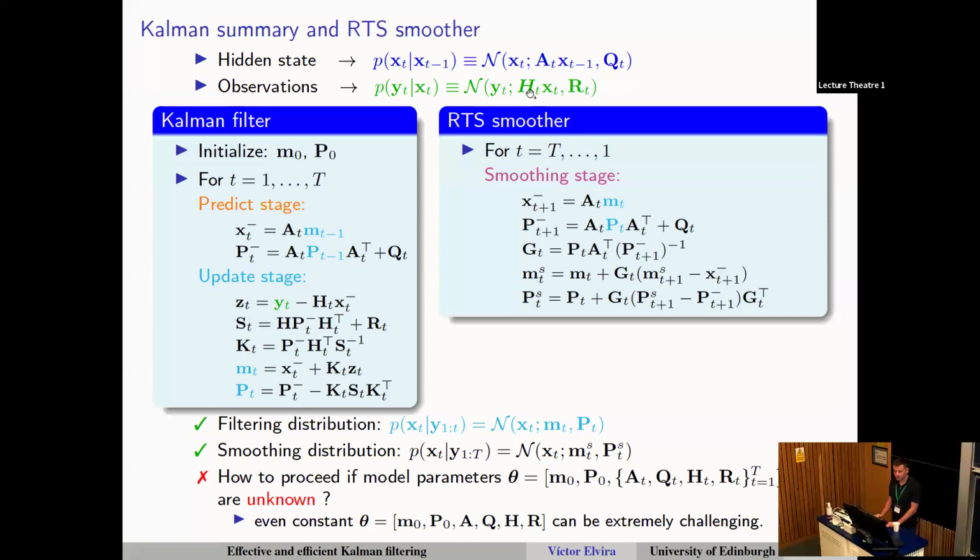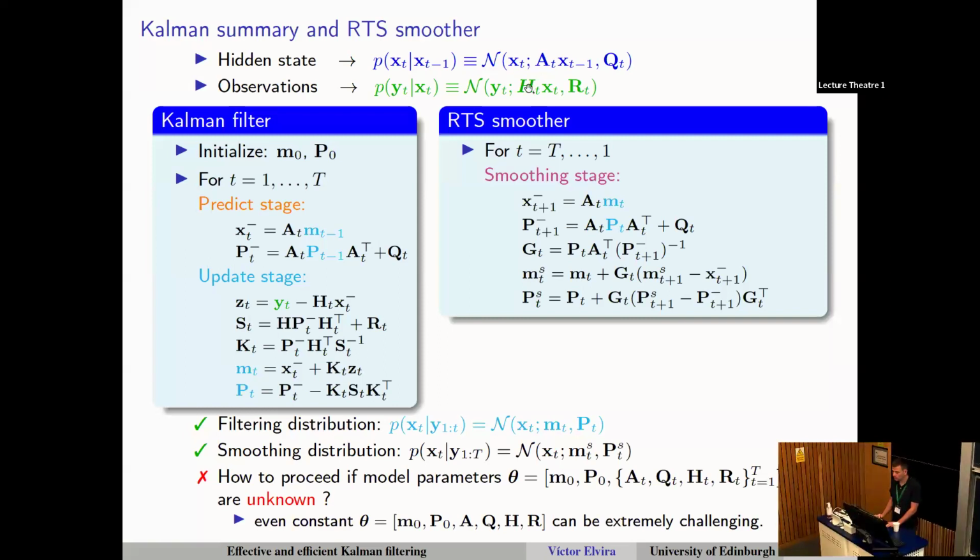For example, I will comment more later, but depending on how you do the modeling and what the latent state means, sometimes H is going to be straightforward. Many times it's a matrix with ones and zeros. For example, in the example yesterday, if the latent state is a two-dimensional position and two-dimensional velocity, you may consider that you are seeing a noisy version of just the position of the target. Maybe you have just a blurry version of it, depending on the type of data.